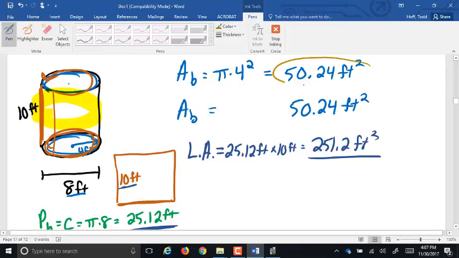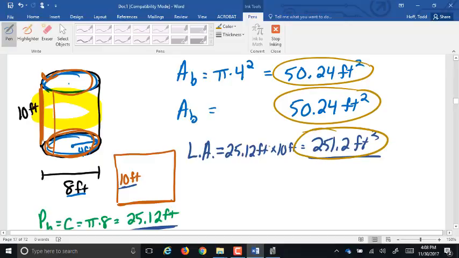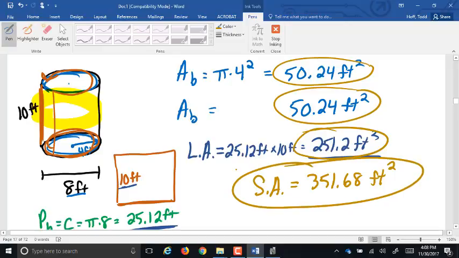Now I add together the area of the two bases plus my lateral area, and I get 351.68 square feet as my total surface area of that cylinder.